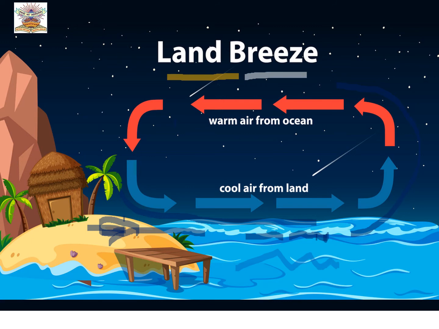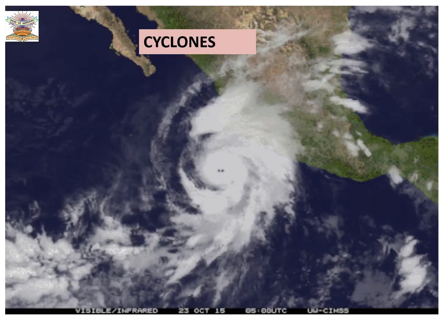So slowly it will cool and the air pressure over here is low. So have you understood? At night the winds blow from the land. Again I am explaining. The cool air moves from the land towards the sea. So in this way the land breezes are formed.